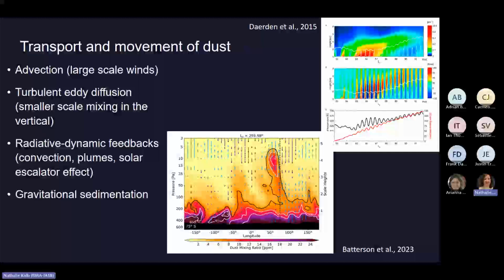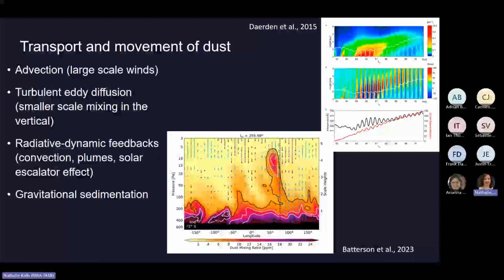This is a modeling result, but it's likely, I mean, no one's actually witnessed it because we don't have someone looking for convective plumes, but we definitely see detached bubbles of dust in the atmosphere in the vertical profiles.